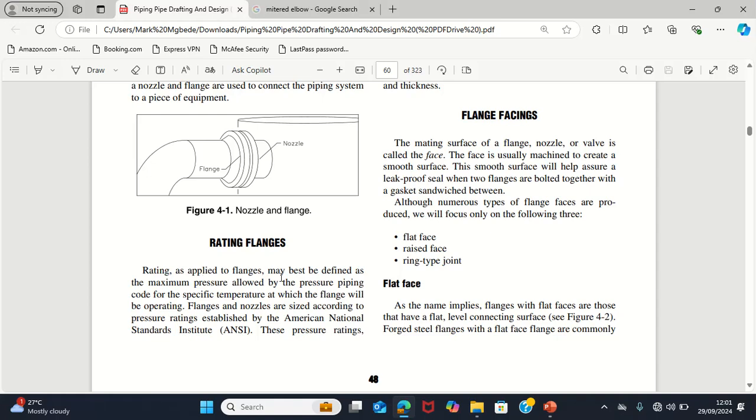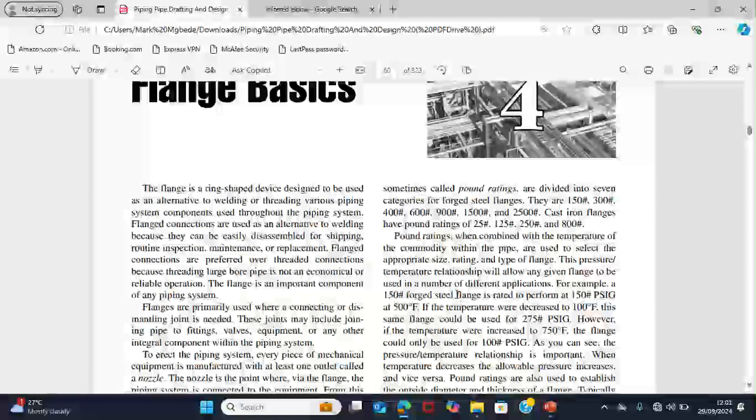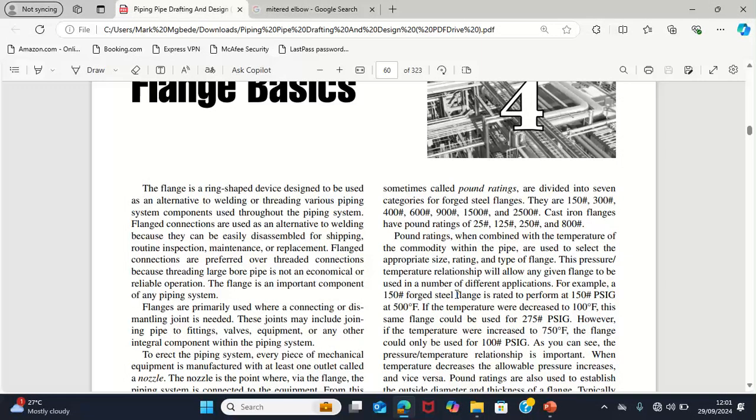The rating that applies to a flange may be best defined as the maximum pressure allowed by the process piping code for a specific temperature at which the flange will be operating. So that specific temperature at which the flange should be operating is what we call pound rating.